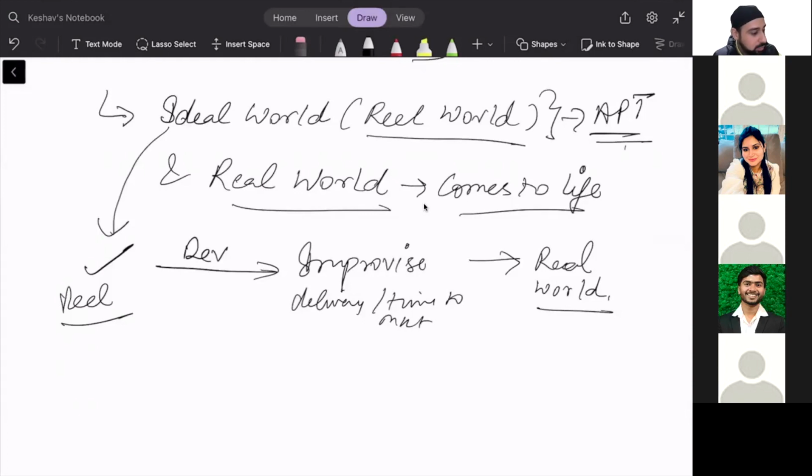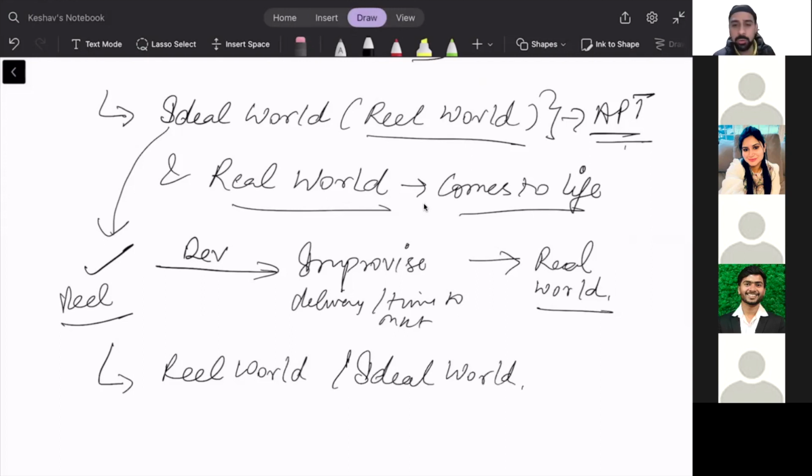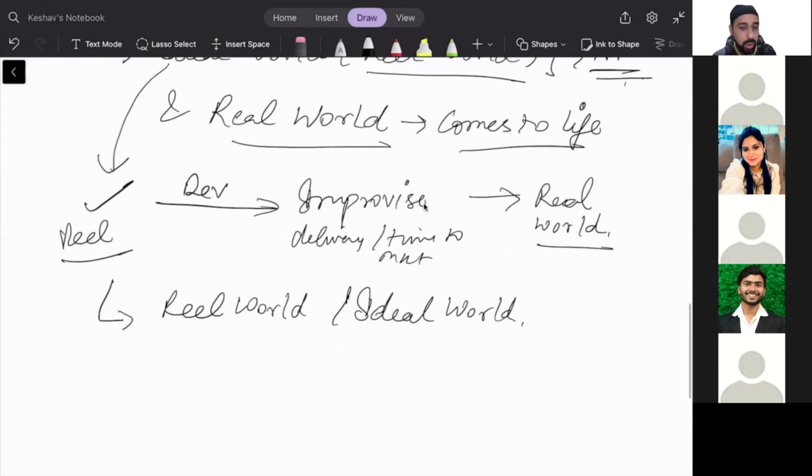Then, once you design your system, whether the real world or the ideal world system, and you have presented it and passed through the design reviews, one thing you should always keep in mind is this.